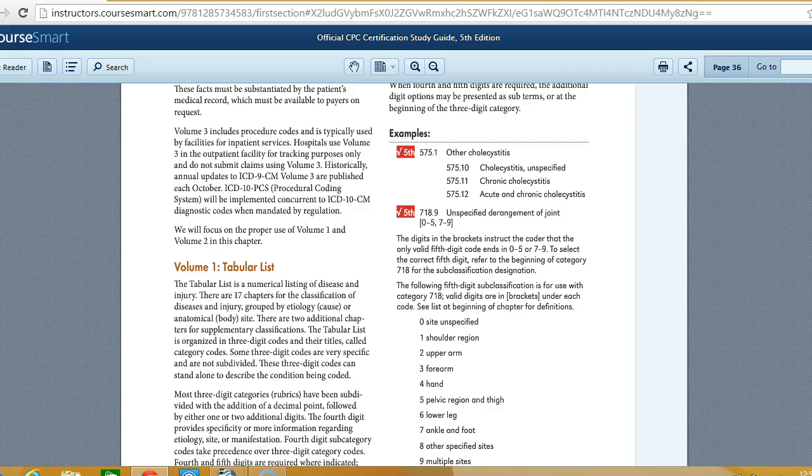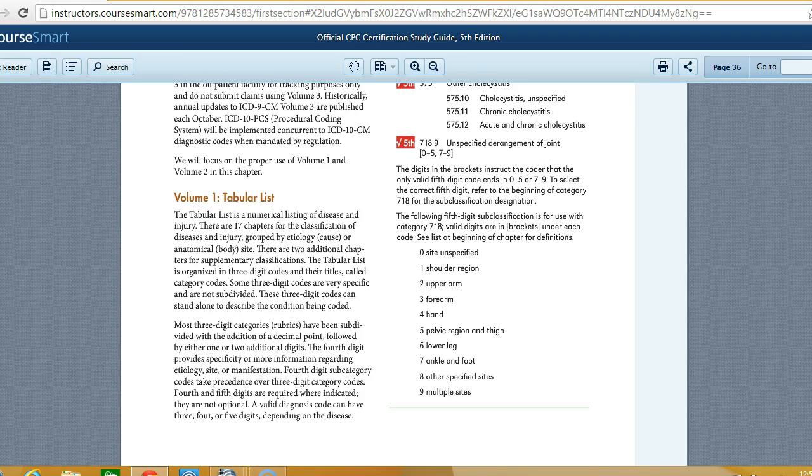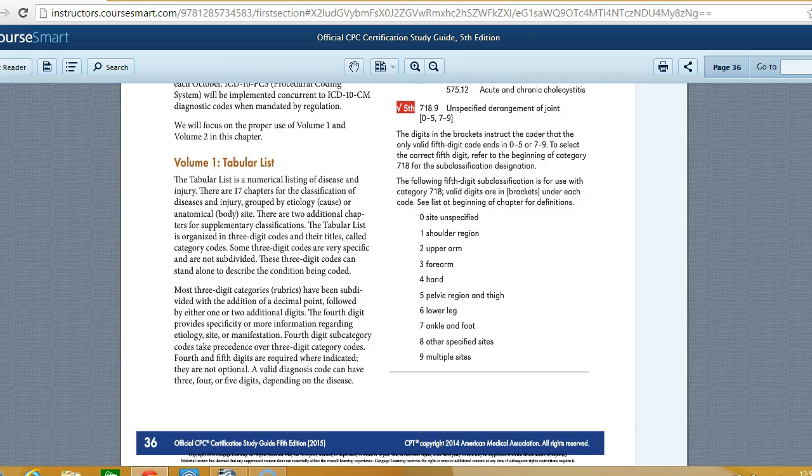These 3-digit codes can be standalone, such as when we do a pneumonia for that 486, that's a code that can stand alone. We can't code it any higher, and it stands on its own. So there are some 3-digit category codes that can stand by themselves, and they are coded to the highest level of specificity. But for the most part, we want to be as specific as we possibly can when it comes to our coding.